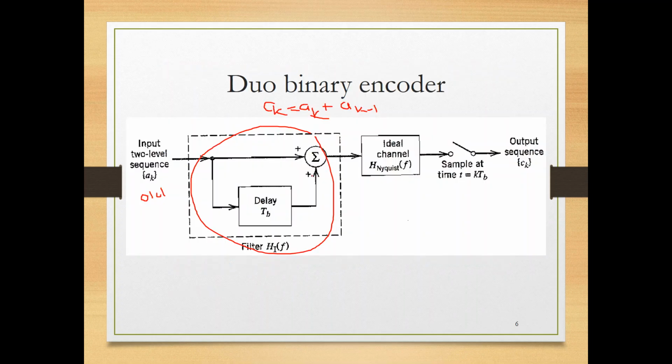You have a direct path and you have a delayed path. If you have a delay in the time domain, when you go to the frequency domain through the Fourier transform, how do you see the delay? Do you know how you see the delay? As phase shift. Yes, here it is.